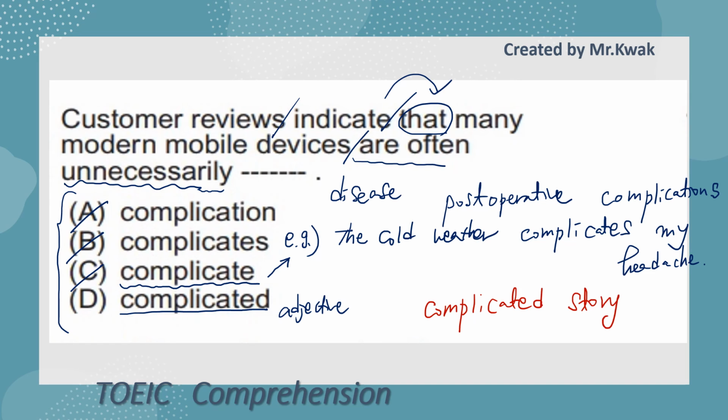I made a complicated story last night. Or complicated problems. In these examples, complicated was used as an adjective, which means an adjective can emphasize a noun.